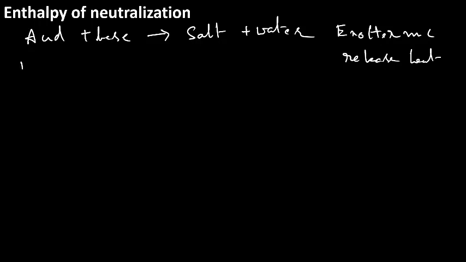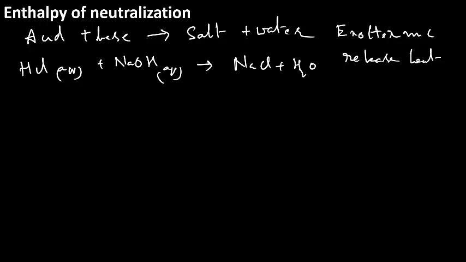Let us take an example. HCl aqueous plus NaOH aqueous gives NaCl plus H2O. Therefore, if you write the ionic equation: H+ plus Cl- plus Na+ plus OH- gives Na+ and Cl- plus H2O.